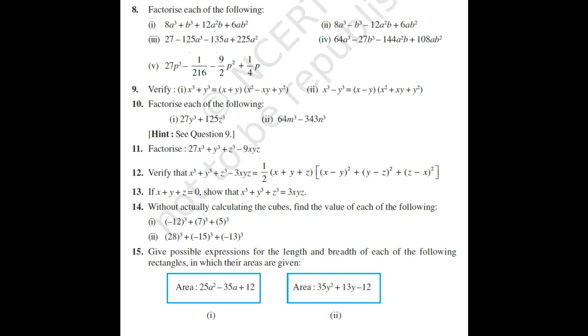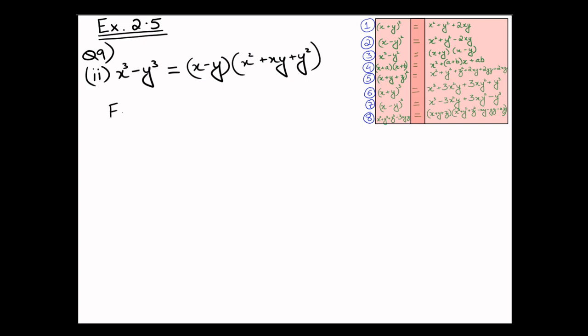Moving on to the second part, similar to the first part, here we have x cube minus y cube on the left hand side. We need to prove that this is equal to x minus y multiplied by x square plus xy plus y square. Again, just like the first part, we're going to focus on the right hand side of this equation, and let's open the brackets.